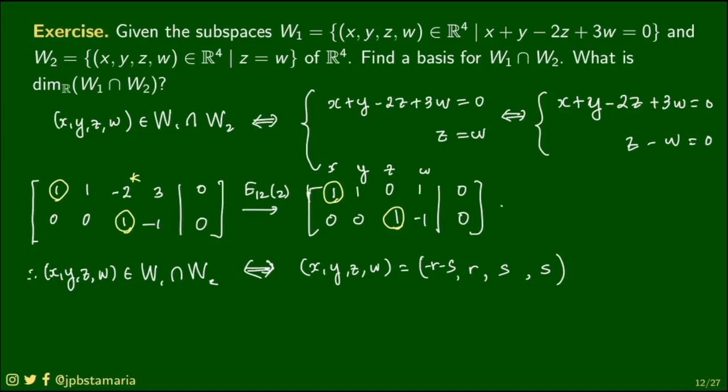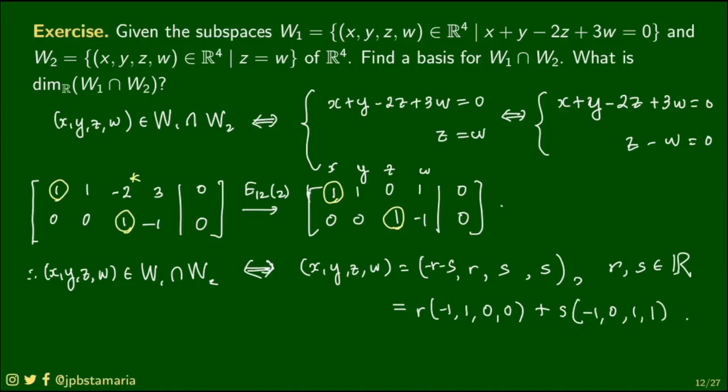As you can see, this gives you the solution set for the linear system. But we want to find vectors that can span this intersection. So we would like to write this as follows. You collect all those with r: minus 1, 1, 0, 0, and those with s: minus 1, 0, 1, 1.